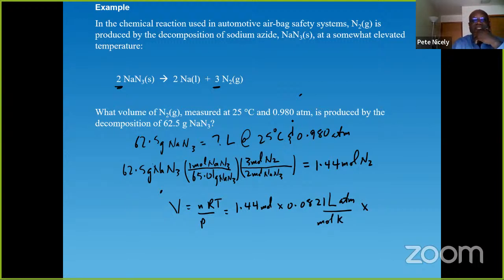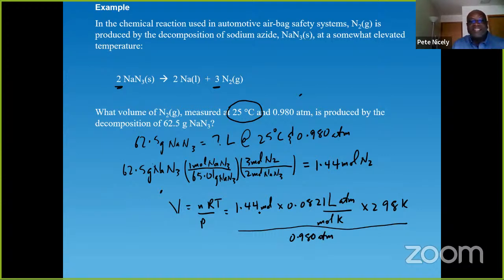According to the question, the temperature is 25 degrees Celsius, which we have to convert to Kelvin, which is 298 Kelvin. And we divide all of that by the pressure, which is 0.980. The mole units will cancel out, Kelvin will cancel, atmospheres will cancel. So your final answer would be in liters, which is the unit of volume.